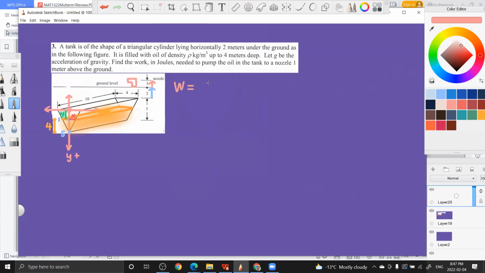Work is equal to the integral from A to B of density times distance times area. Here it says to use the density P and G, so density is P times G.